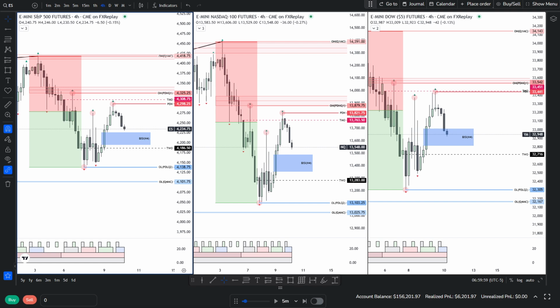So we see a high time frame cracking correlation of the previous day's high, supporting the idea of lower prices. So that would be game plan 1.